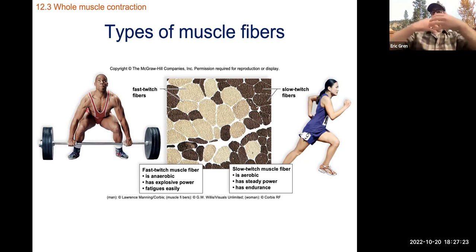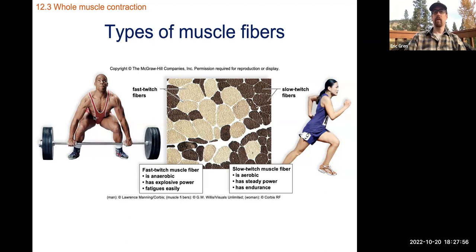The postural muscles, your abdominal muscles of your torso, whether or not you realize it, they're working all the time just to keep you upright, standing up, sitting up, and not slumping over in a pile on the floor. Those would be a good example of higher endurance, slow twitch fibers. They're not very strong, right?